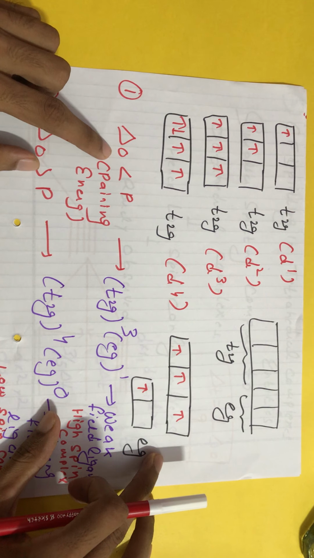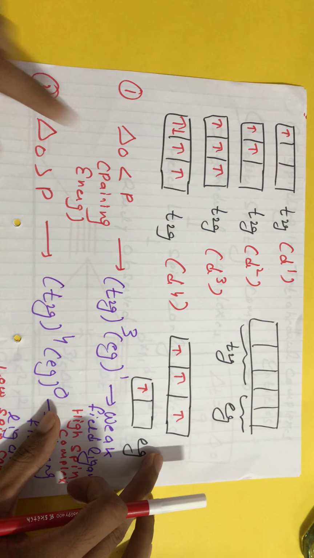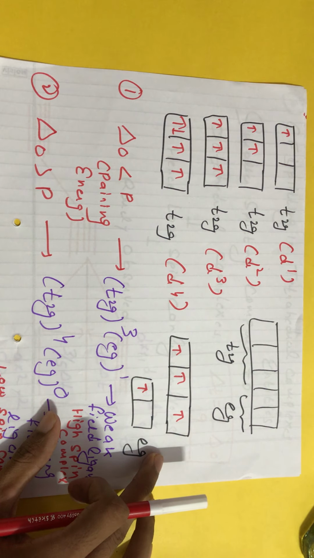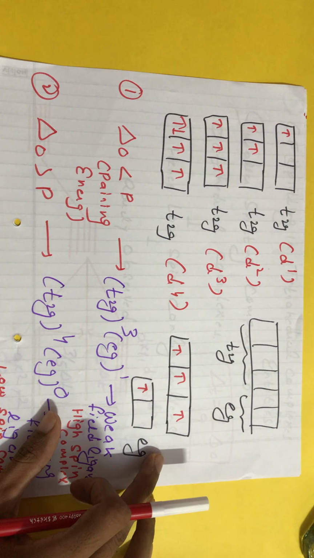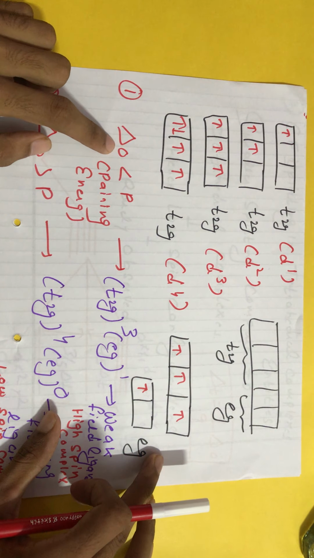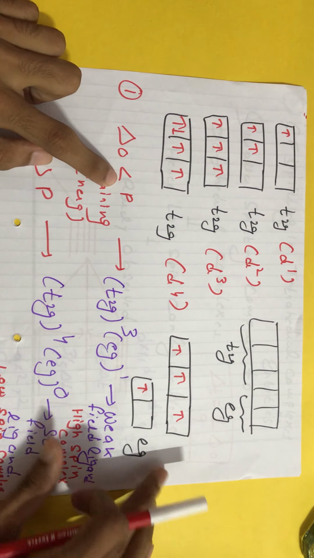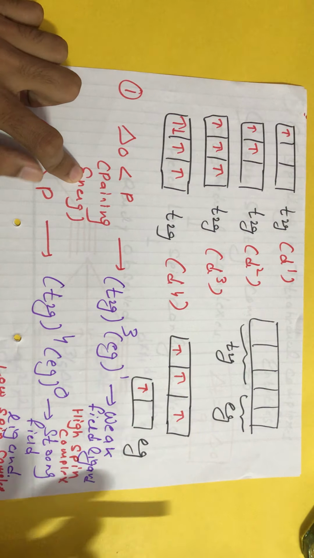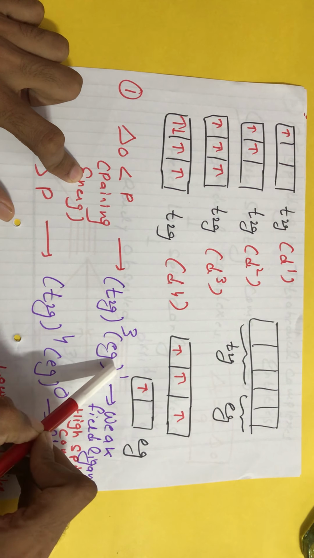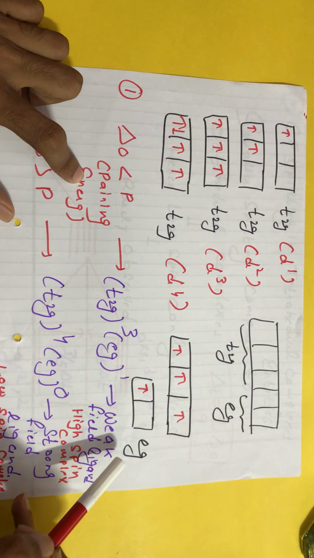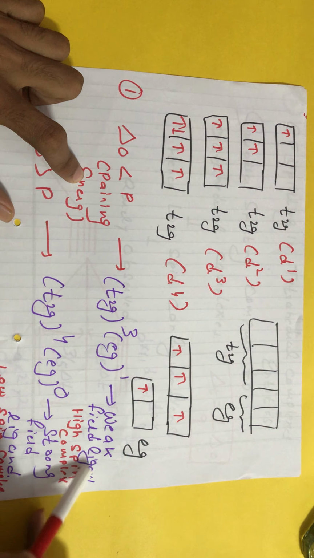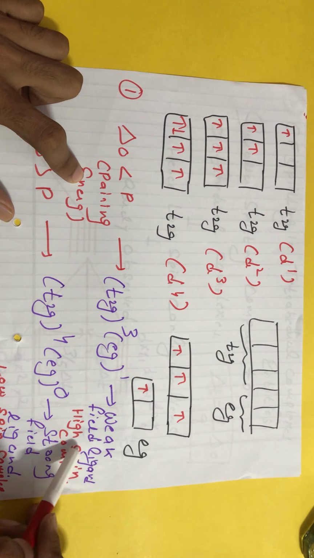We know that when the orbitals split, the energy is called the crystal field stabilization energy, represented by delta O in the case of octahedral complexes and delta T in the case of tetrahedral complexes. If the octahedral crystal field splitting energy is less than the pairing energy, then the 4th electron will enter into the eg, and it will be a weak field ligand forming a high spin complex.